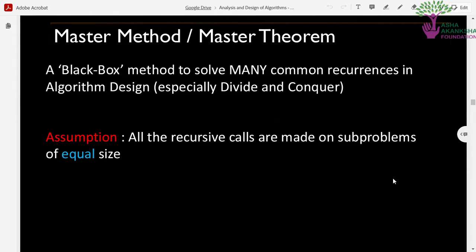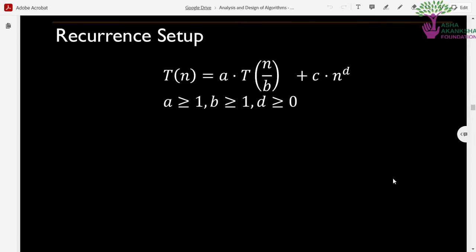Briefly saying, suppose you are given any recursion problem which is following the divide and conquer technique, in which each of the subproblems is of equal size, then you just have to guess the values of A, B, and D. A is the number of subproblems generated, B is the reduction in size, and D these things are calculated.